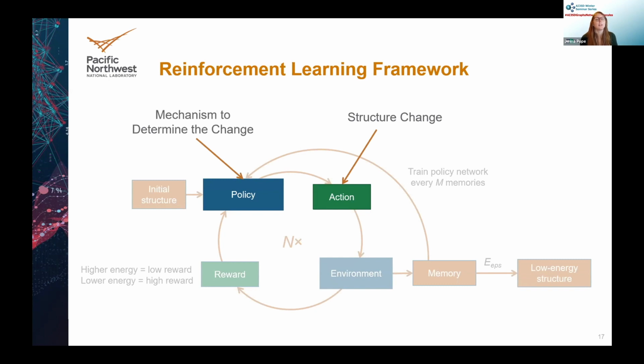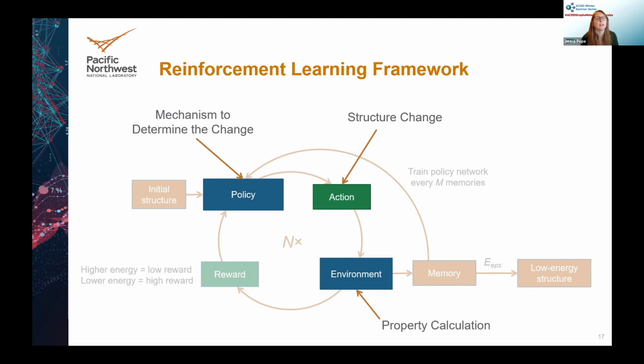At first, our policy is just taking random actions, and as this cycle continues, it takes a random action, gets a reward, and then is actually being trained during the RL run, and the data for that policy network is being generated during that RL run. So it starts out with random moves and eventually learns which actions are best to take.